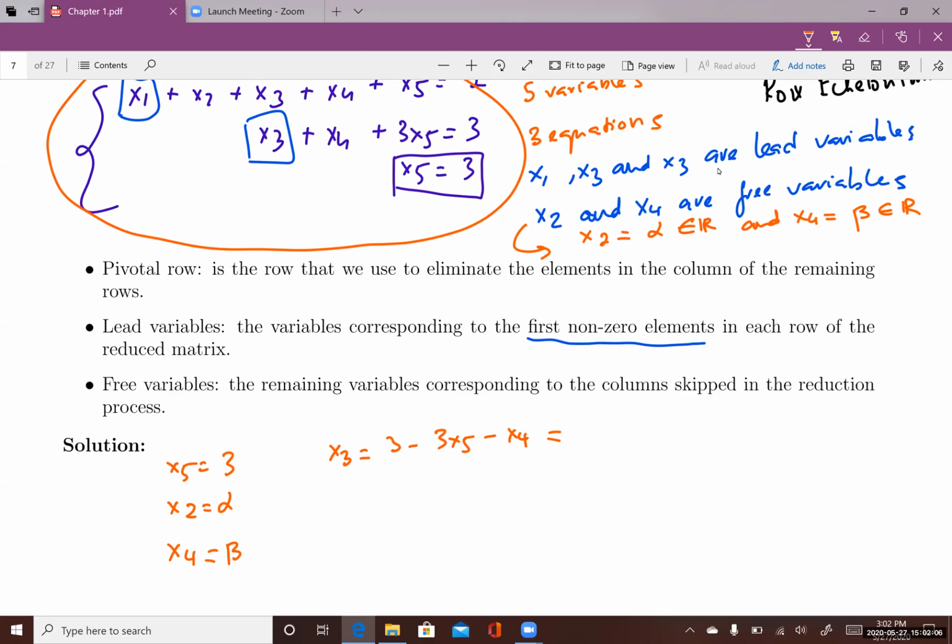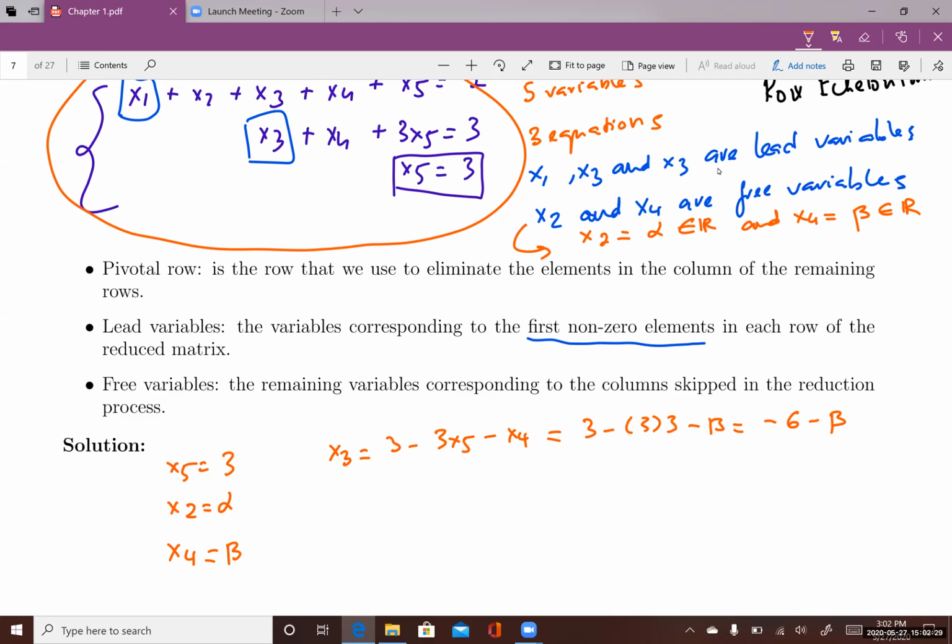And from what I know of x5 and x4, I can solve for x3, which is equal to 3 minus 3 times 3 minus x4, which is beta. So you have 3 minus 9 is negative 6, minus beta is your x3.